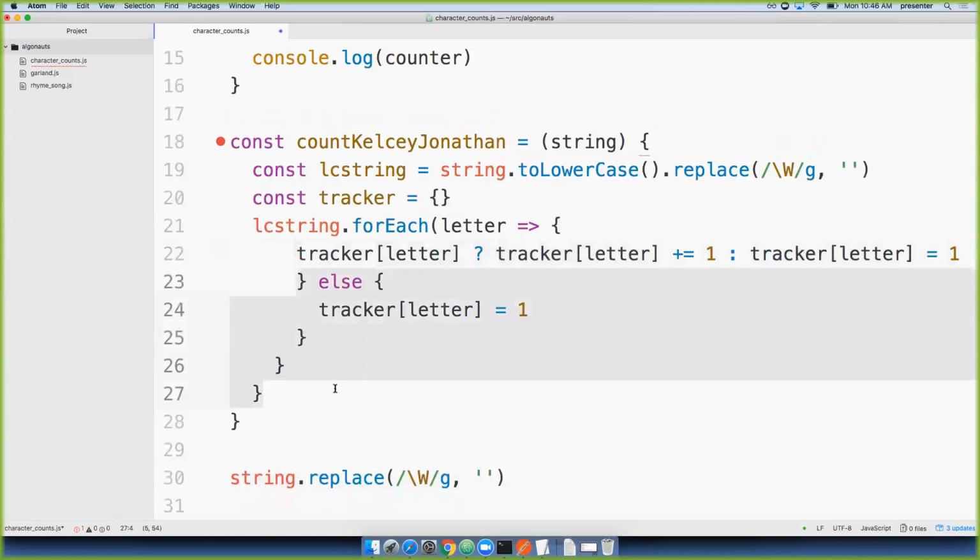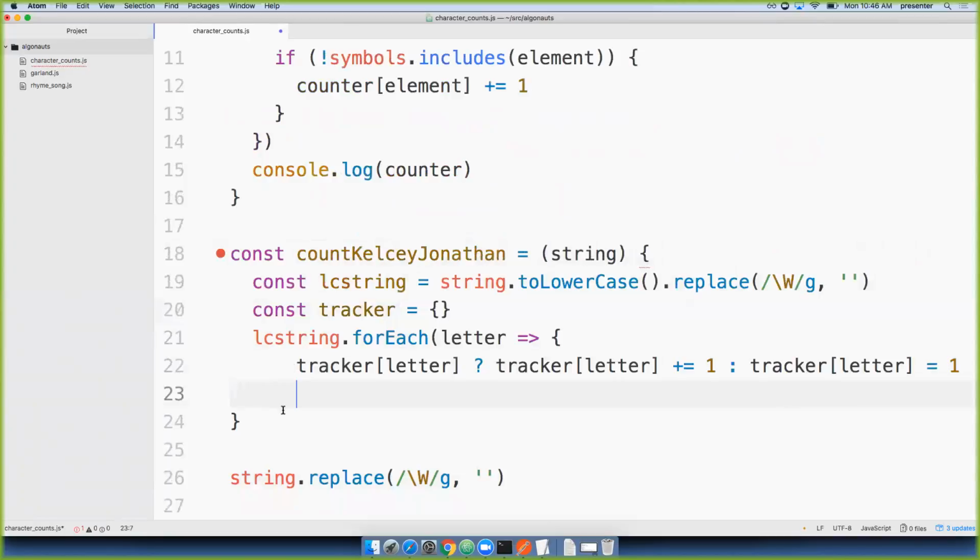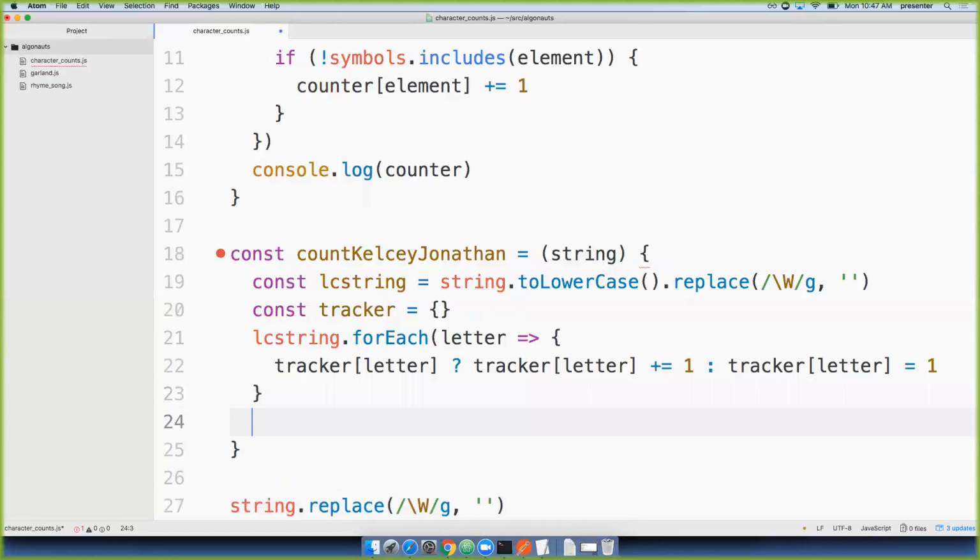All right, and so now we've got that. And then we always want to have some way to get that out, so we return tracker.